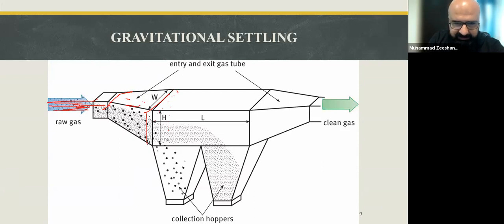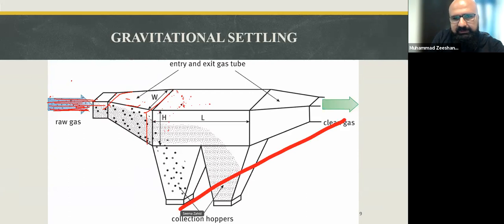And this large cross-sectional area decreases the velocity. Just imagine the same amount of gas passing through a small pipe, and then through a very large cross-sectional area, right? So the velocity of the gas over here becomes low, right?